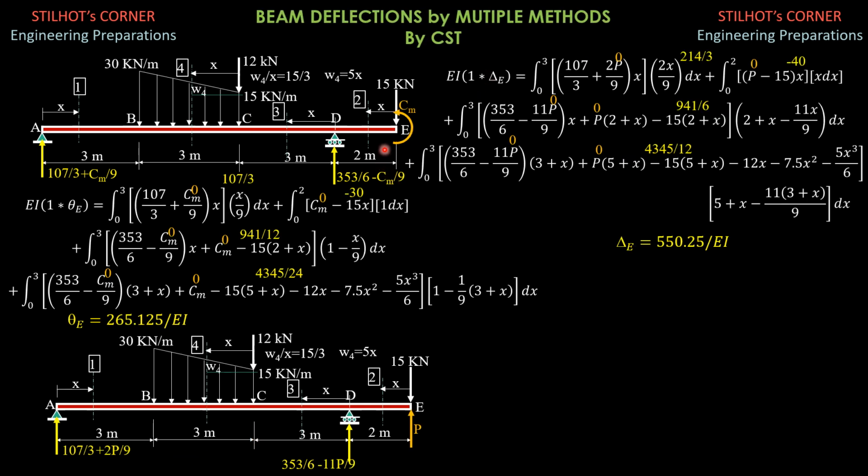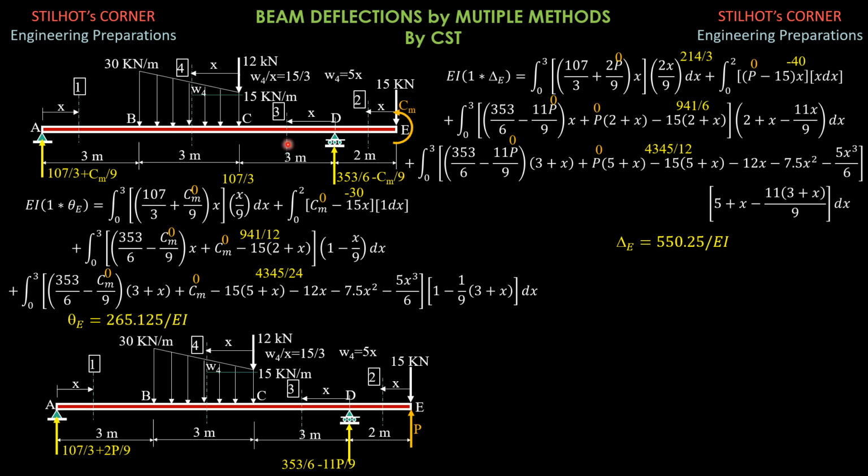So for the slope at E, we apply a unit couple C sub m counterclockwise at E. Computing the reactions due to C sub m only, we have 107 over 3 plus C sub m over 9 here. Then here, 353 over 6 minus C sub m over 9.